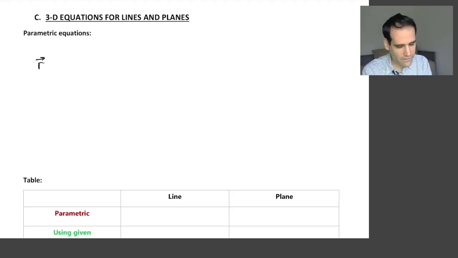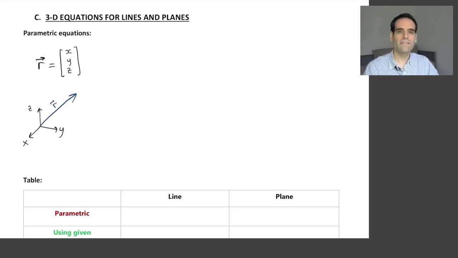And this vector r is nothing else than a vector containing the coordinates x, y, z. If we draw our coordinate axes, then we have a vector r, and we have the x, y, and z coordinates of this vector r. And this vector r is pointing to whatever entity we are describing.